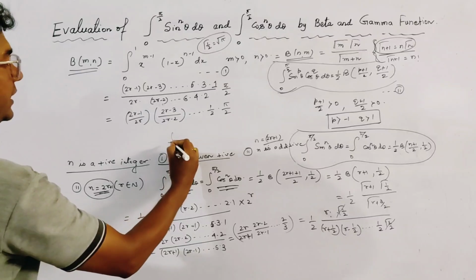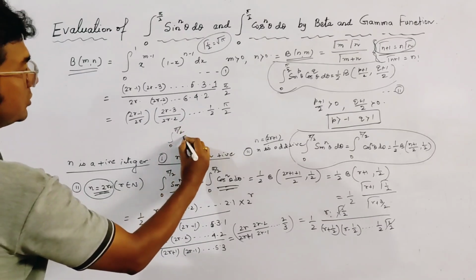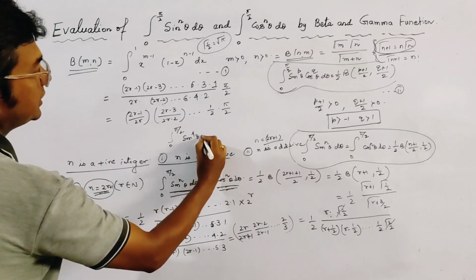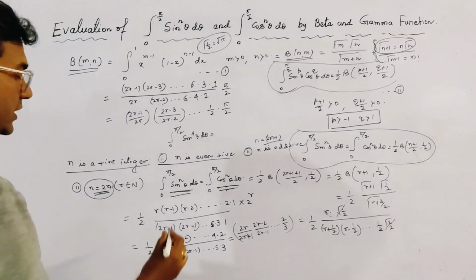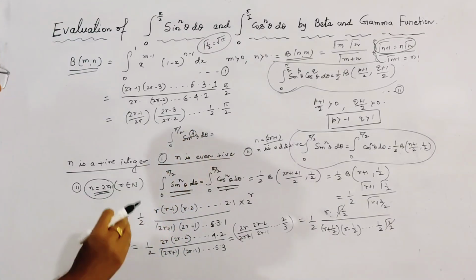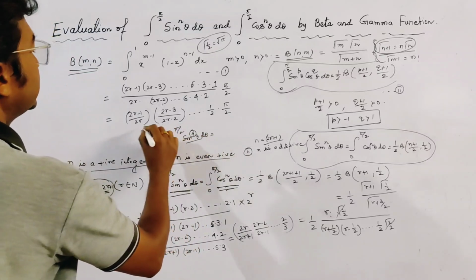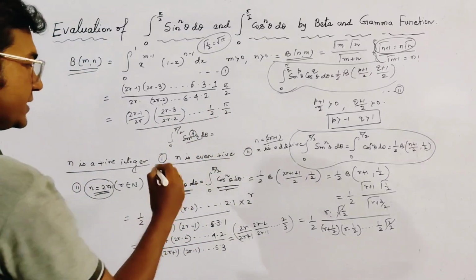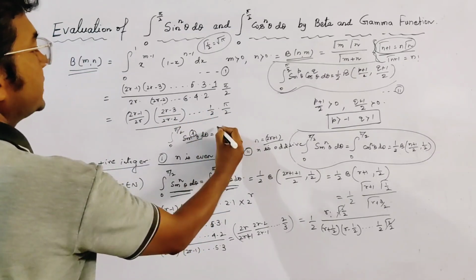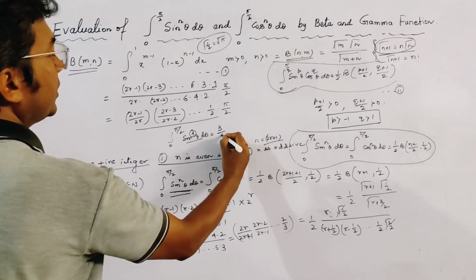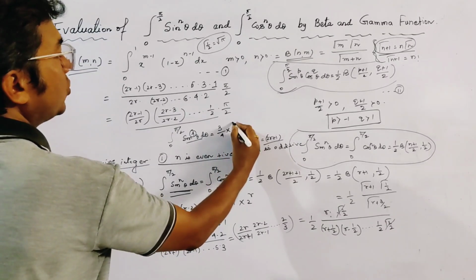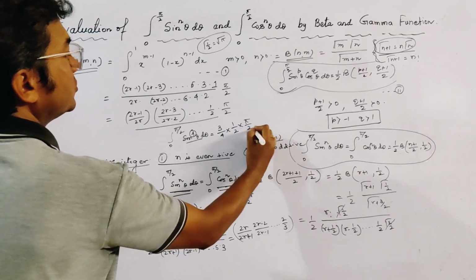Okay, now we use these formulas and see how easily we can solve any integration of this type. If we take the integration from 0 to pi by 2 of sine to the power 4 theta d theta, clear? Then obviously 4 is an even number, so we write this result starting from 3 by 4 into 1 by 2 into pi by 2.